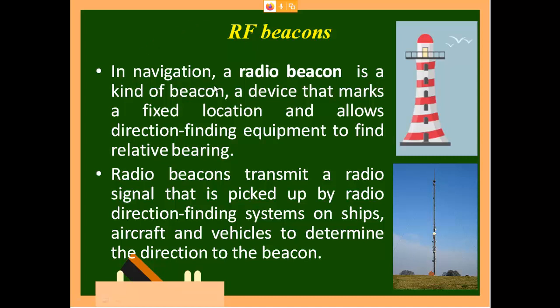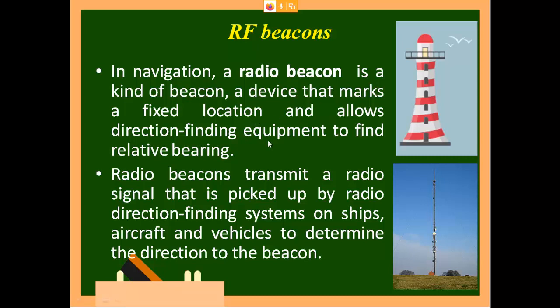In navigation, a radio beacon is a kind of beacon, a device that marks a fixed location, that sends only the fixed location and allows direction finding equipment to find the relative bearing. It will tell the location of that particular place alone, that's all.